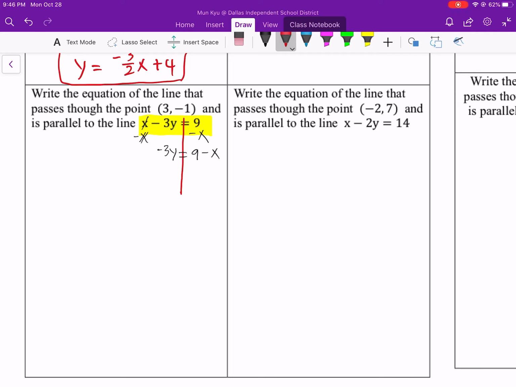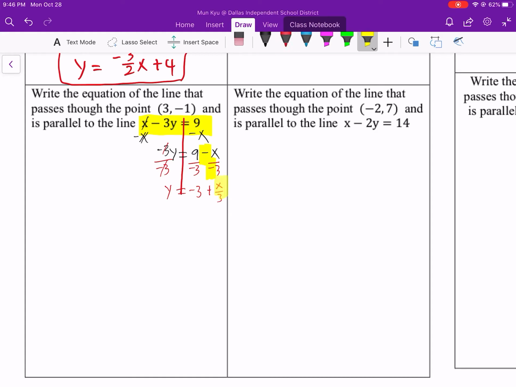Now, how can you get rid of this -3? It's not plus 3, it's divide. So this will cancel away. We have y equals 9 divided by -3, which is -3. And here, we have a negative on the top and a negative on the bottom, so this becomes positive x/3.